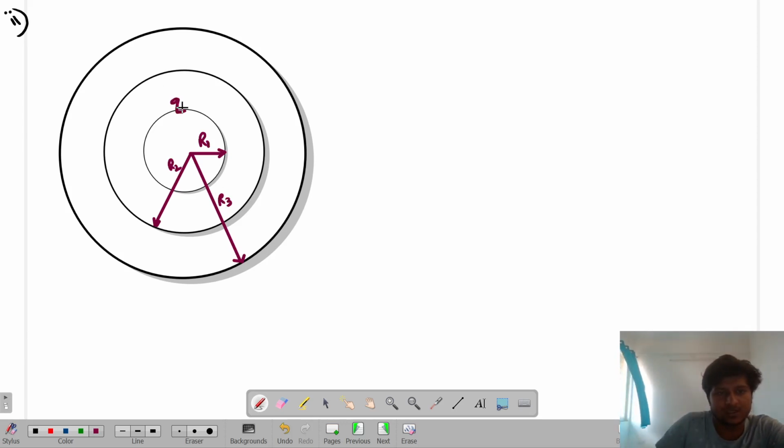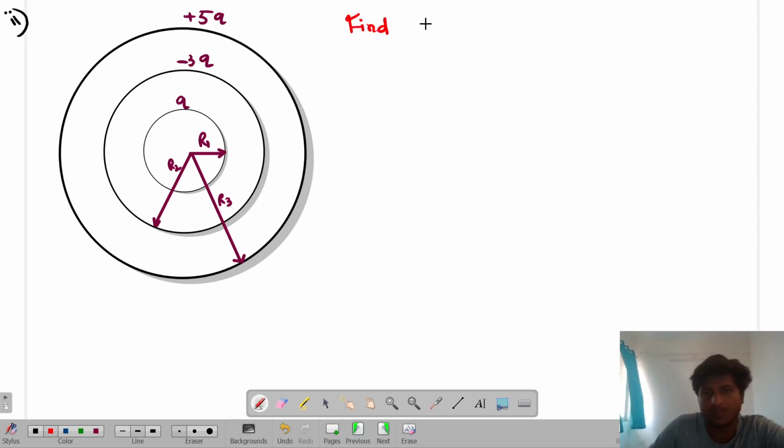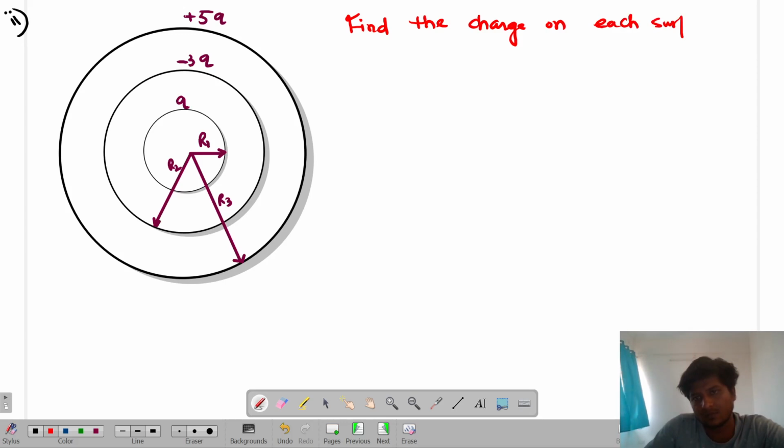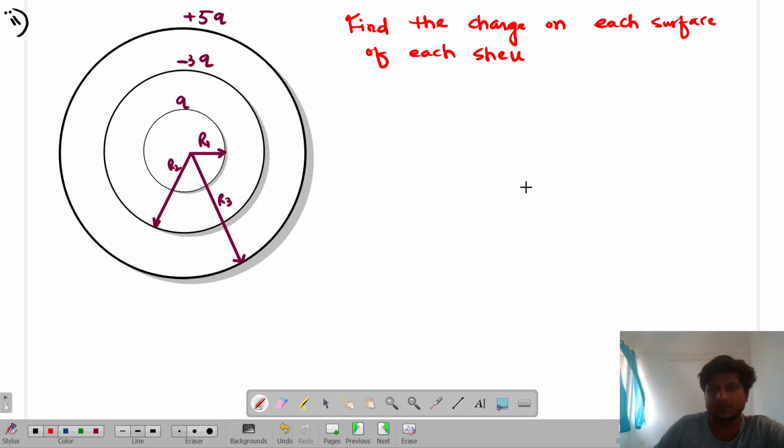One is having charge Q, minus 3Q, and plus 5Q. The question is, find the charge on each surface of each cell. Is that clear?